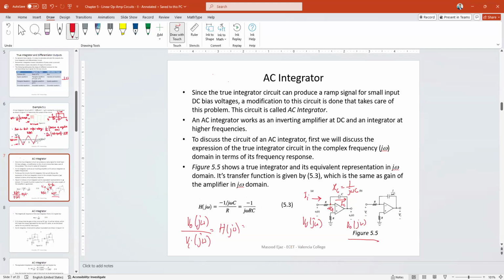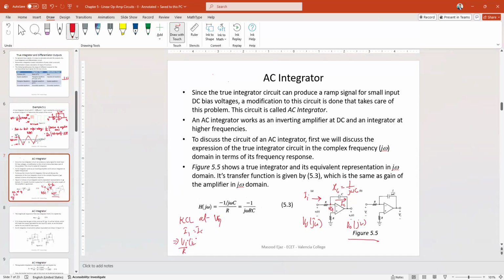So if we apply KCL at virtual ground, I1 is equal to IC, which is V input over R.